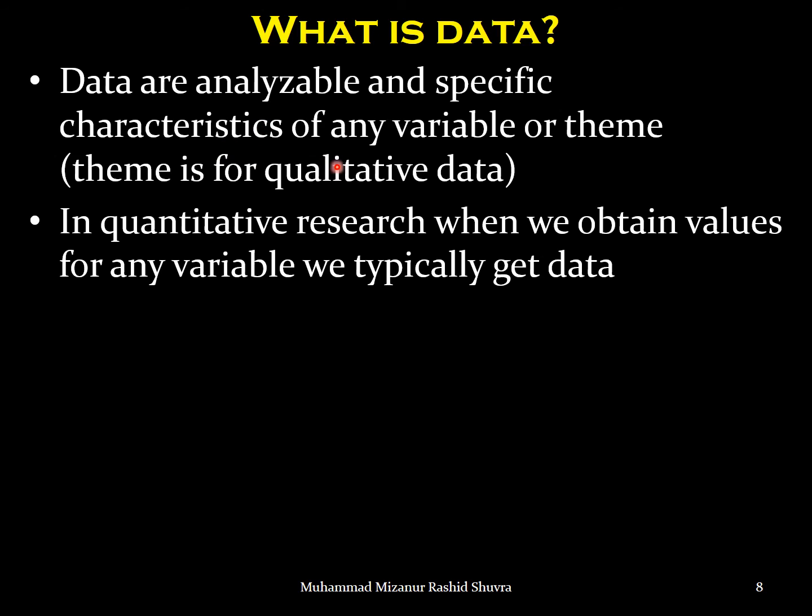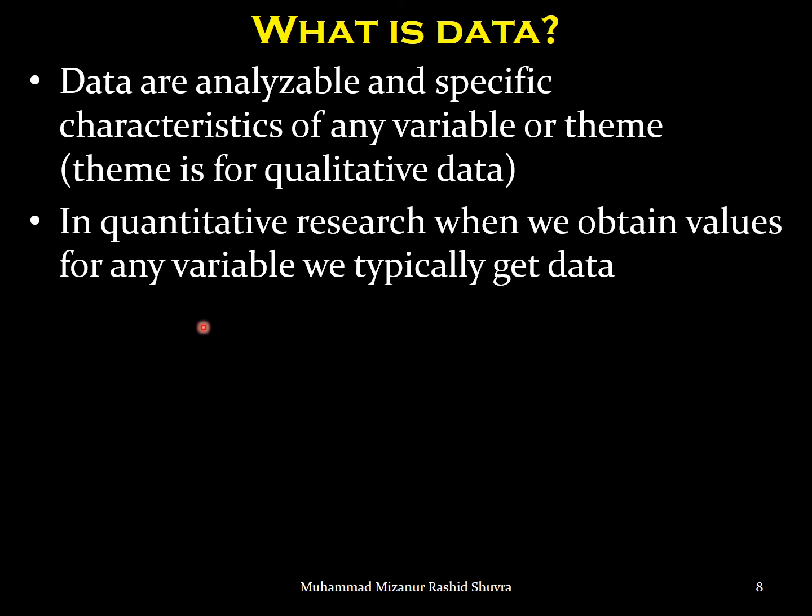It gives specific characteristics of any variable or value. But the corresponding thing in what you call qualitative research is theme. So in qualitative research, we don't say variable, we say themes.